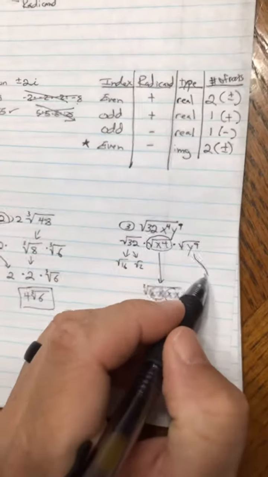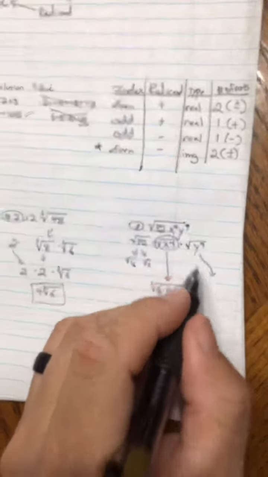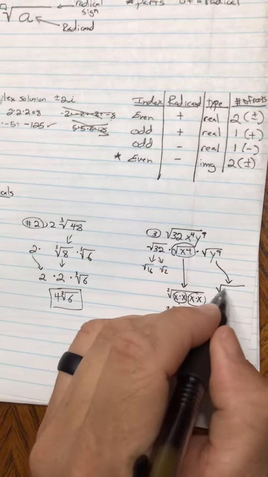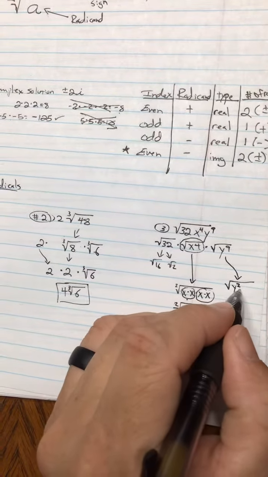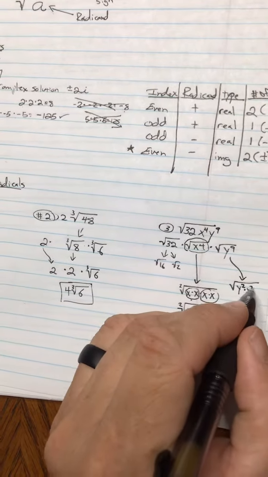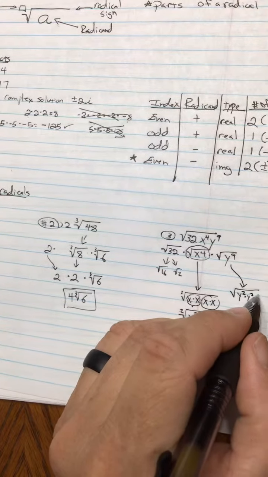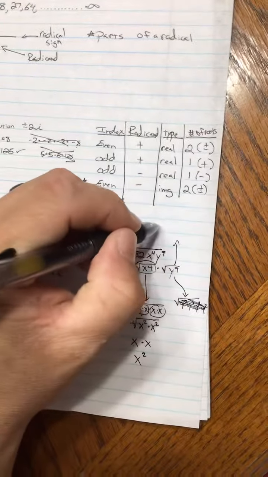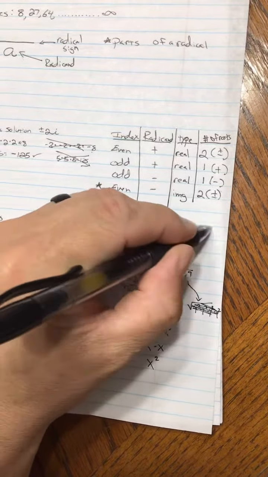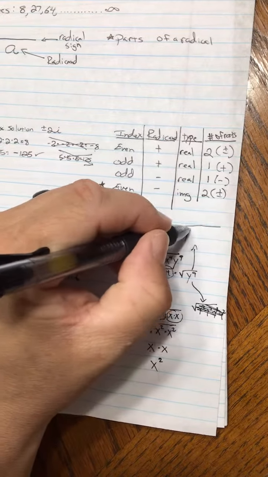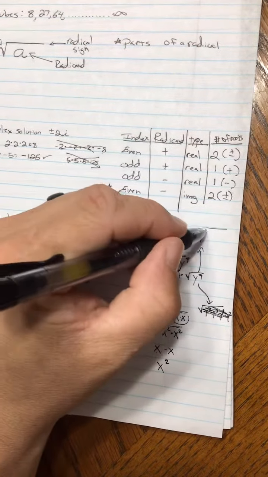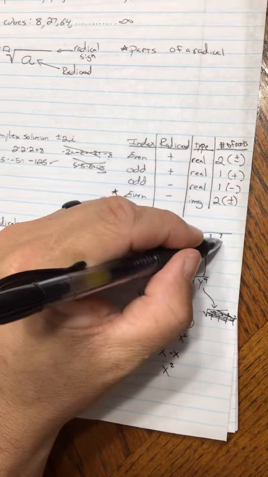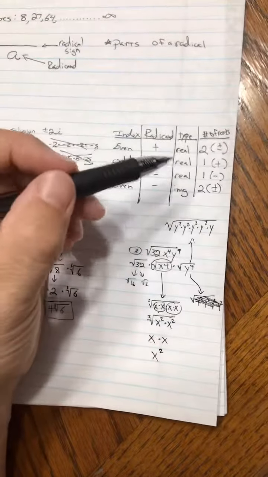Let's take a look at this one, and you'll see it a little better. y to the ninth is like saying y squared times y squared times y squared times y squared. I'm right out of room there, let me show that up here. That's like saying this: 2, 4, 6, 8, and 9.